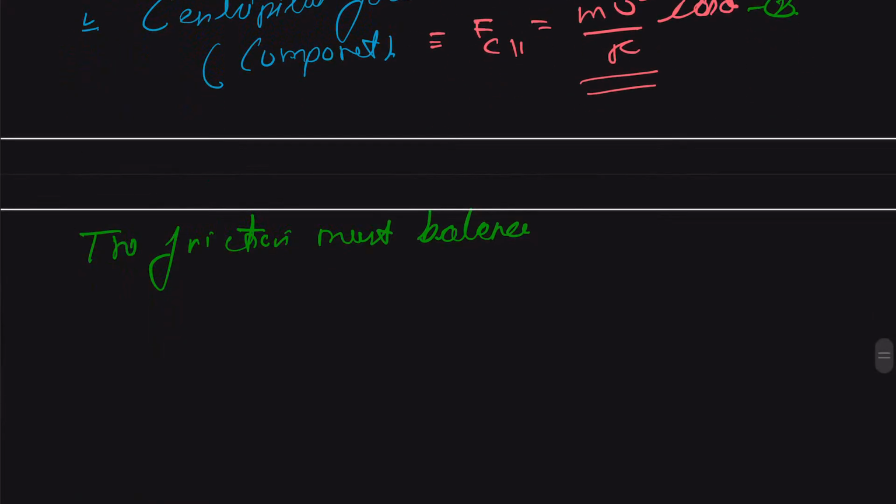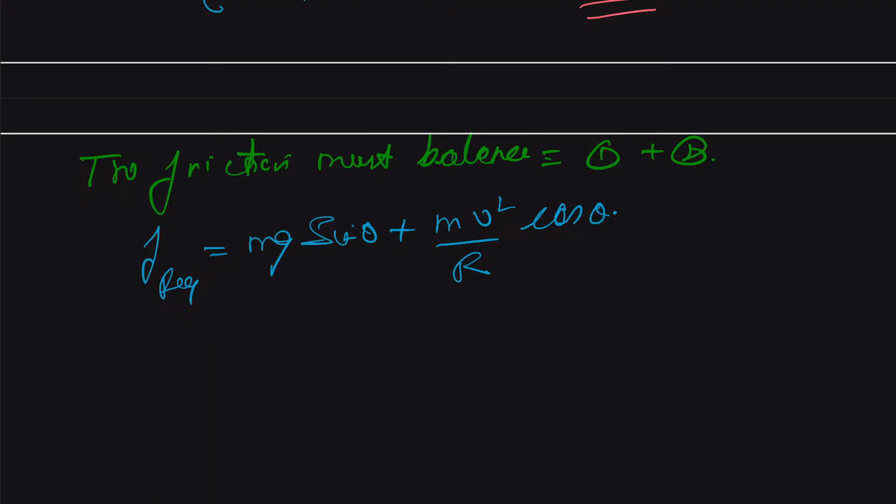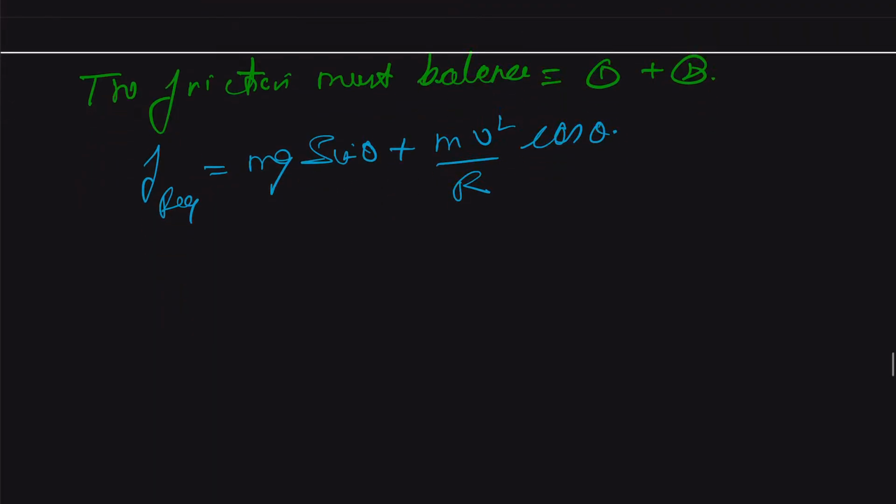Therefore the required value of friction will be equal to mg sine of theta plus mv square upon r cos of theta. So this is the required value of friction. But we know that for the no slipping condition, this required value should always be less than or equal to the maximum value of the friction.